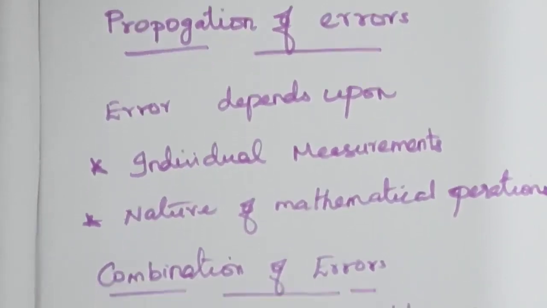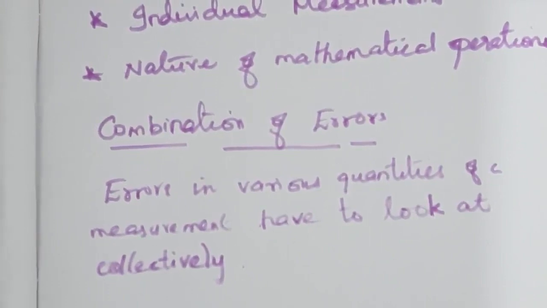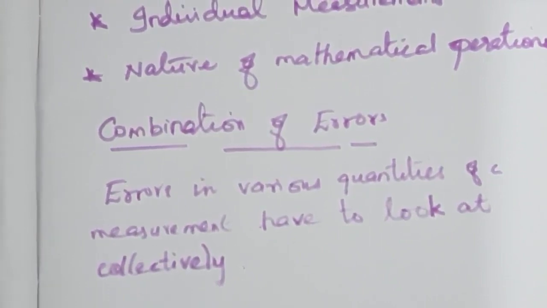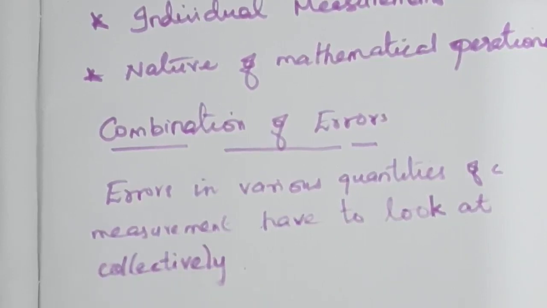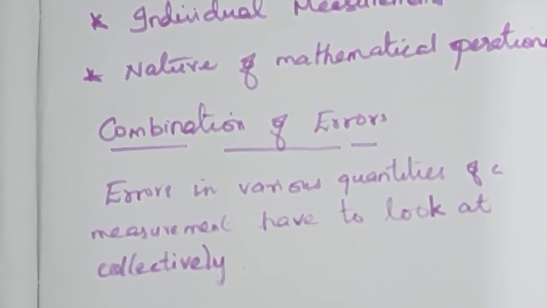Propagation of error means combination of errors, isn't it? So we have to know how to combine the errors. Errors in the various quantities of a measurement have to be looked at collectively, then we should combine the errors. Understand? While we go through the various possibilities of combination of errors, you can understand more.